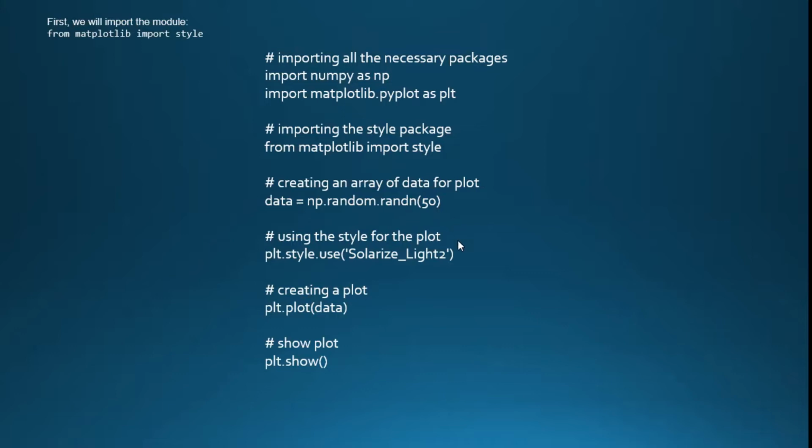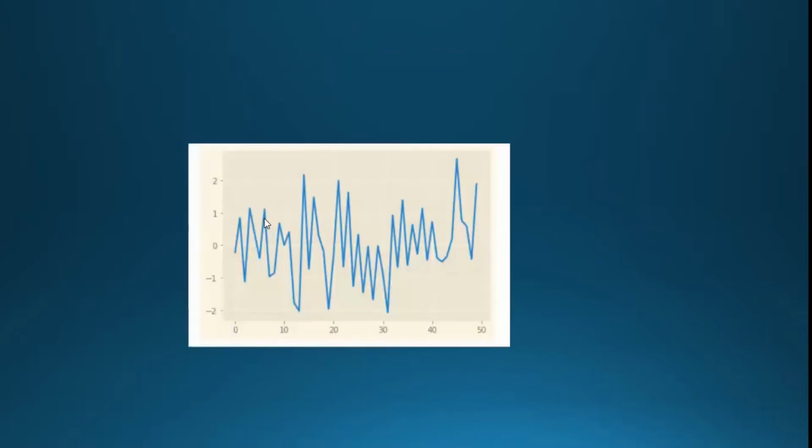And you use solarized light as a style to get this output. And we have plt.plot of data, and it shows the output like this. So 50 random numbers are generated and it's showing for you. The above example is to get such a type of graph.